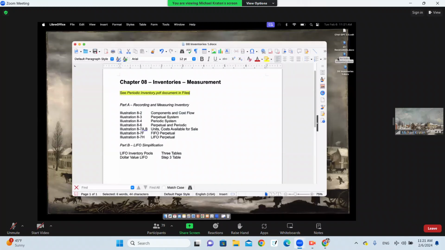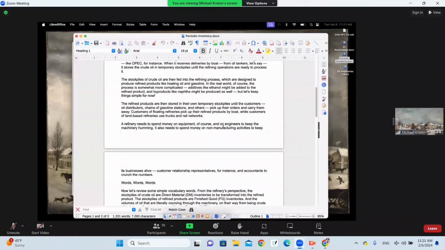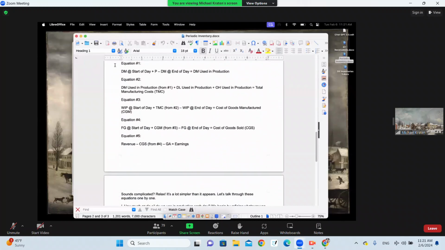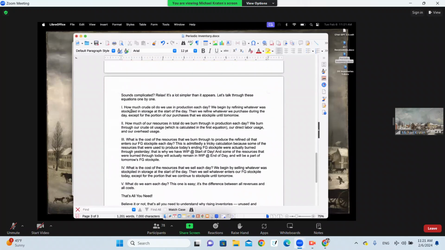As I mentioned, I am going to yellow highlight my reference to the other document, and then I'm going to go into the other document and yellow highlight the 5 equations because we discussed them. We also did discuss, simply put, the meaning or the purpose of each of the 5 equations.